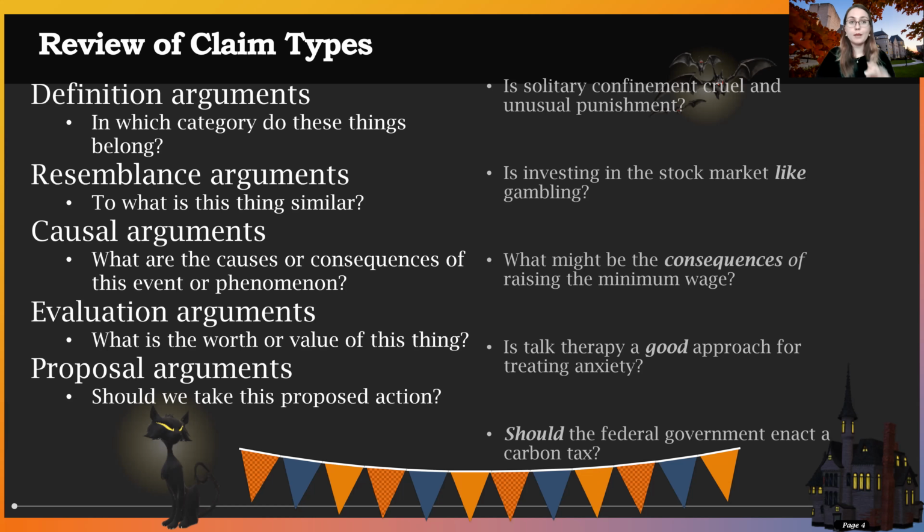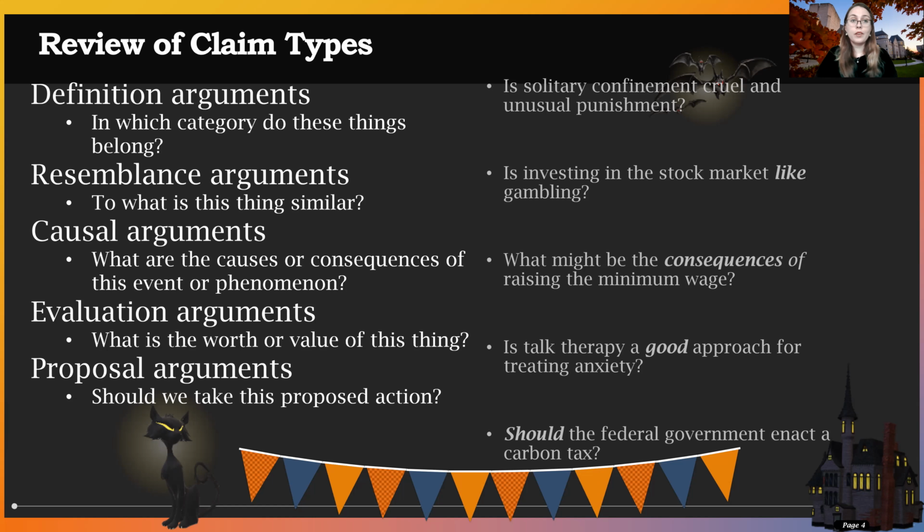So the first kind of claim type is the definition argument. You want to consider with this: in which category do these things belong? If you look on the right side of this slide, I've also included examples of these. When analyzing what kind of claim types these are, you also want to look for key words, which I've bolded and italicized.